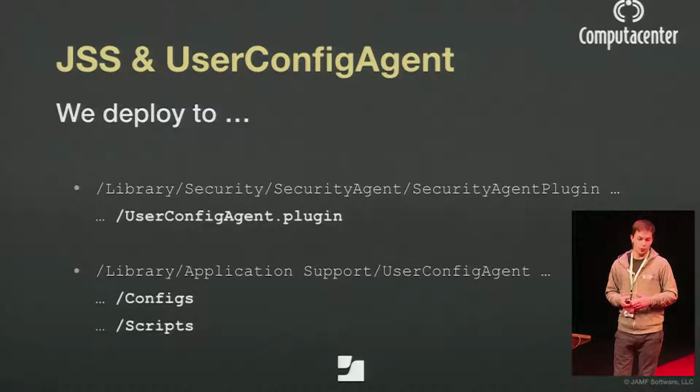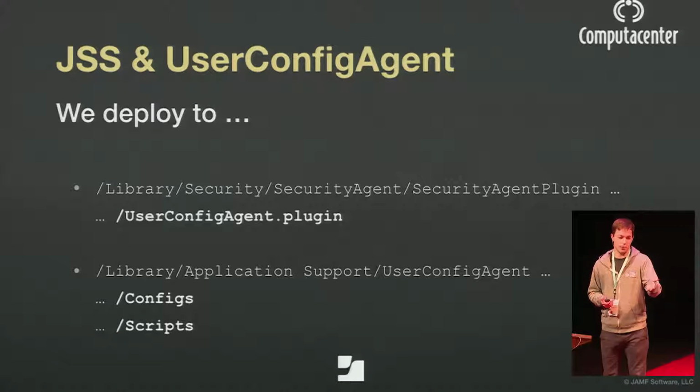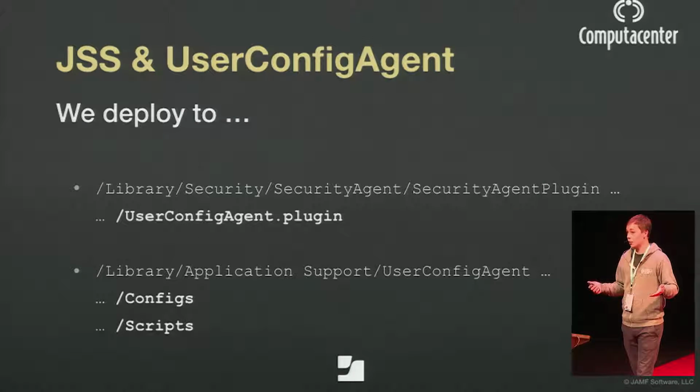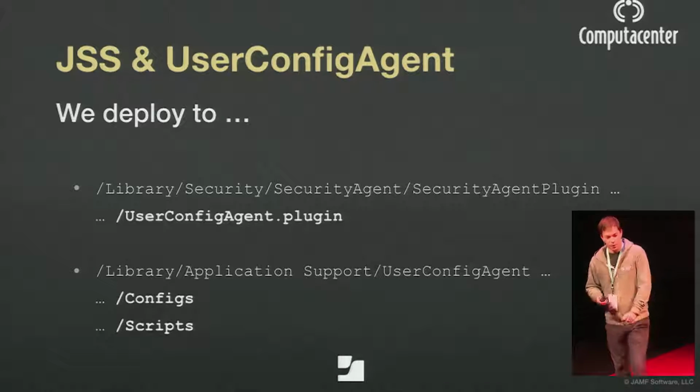Where do we deploy to? As I told you, it's a login plugin. So the login plugin is stored in the macOS environment. It's Library, Security, SecurityAgentPlugins, and they are always stored there. And all the other components, the GUI agent and also the XPC service, are stored within the plugin bundle. It's all combined together.